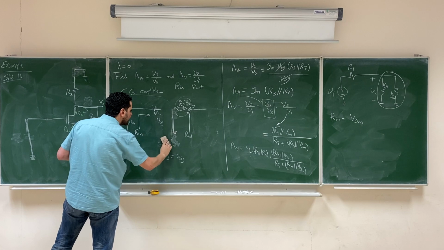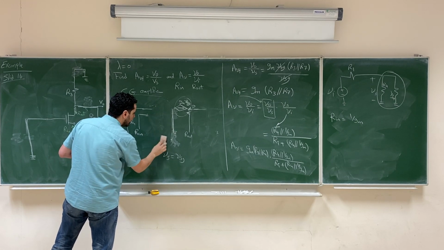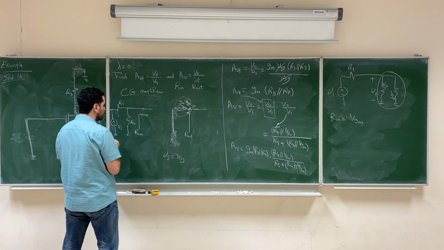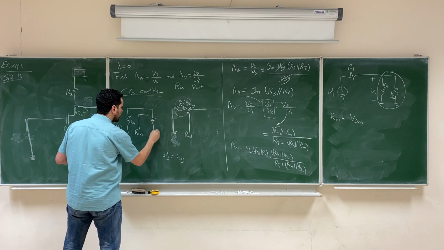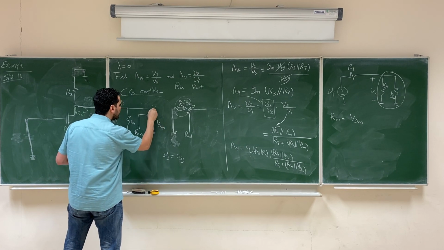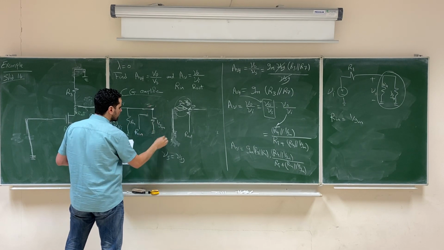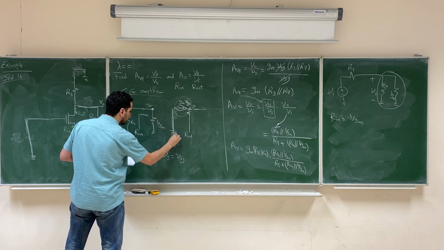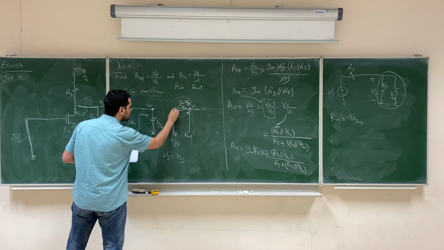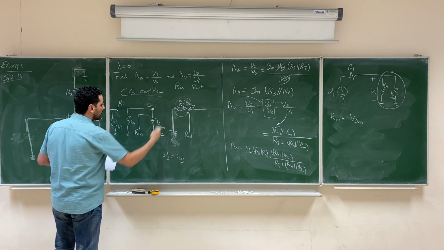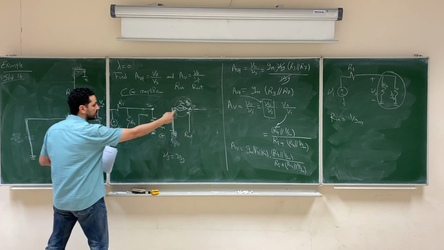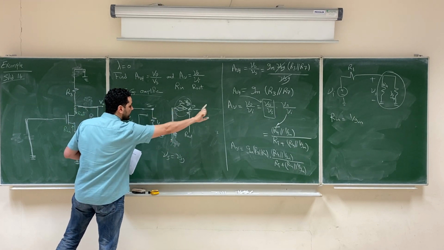Let me clean it a little bit. So we have here a resistance 1 over Gm. This is now our source. This is the ground, the gate, and this is our circuit. And we need to look for our output from this point.